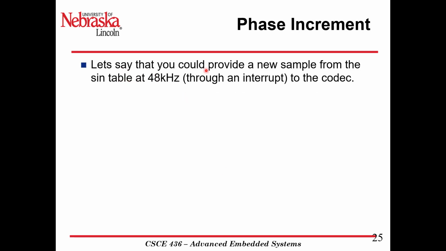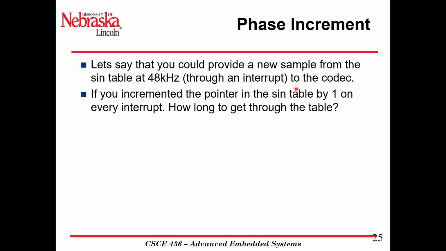If you think about how that audio codec provides a 48 kilohertz signal through an interrupt, that ready signal comes in at 48 kilohertz, and then we can output more data to that audio codec at that frequency. But we need to increment through our sine table by 1 on every input. So how long would it take to get through the table?